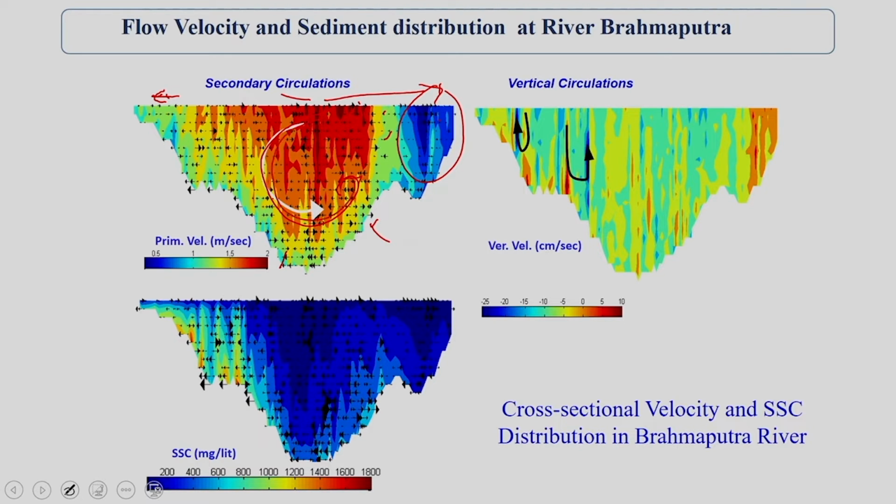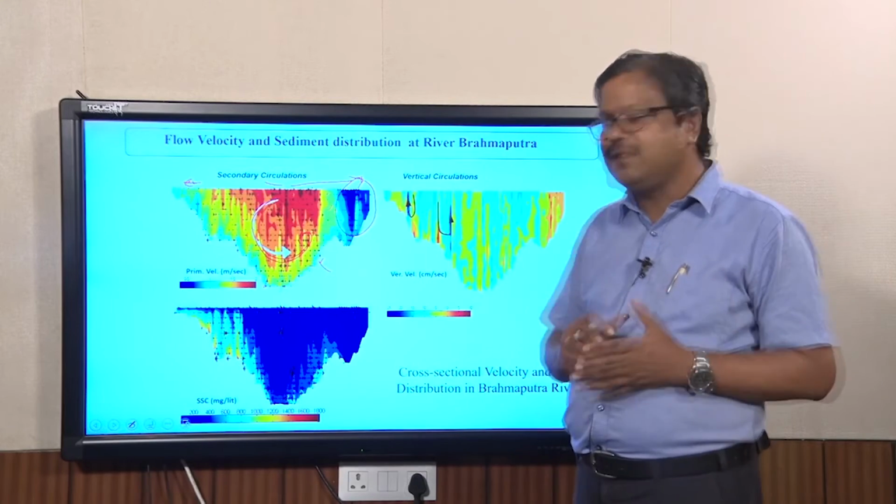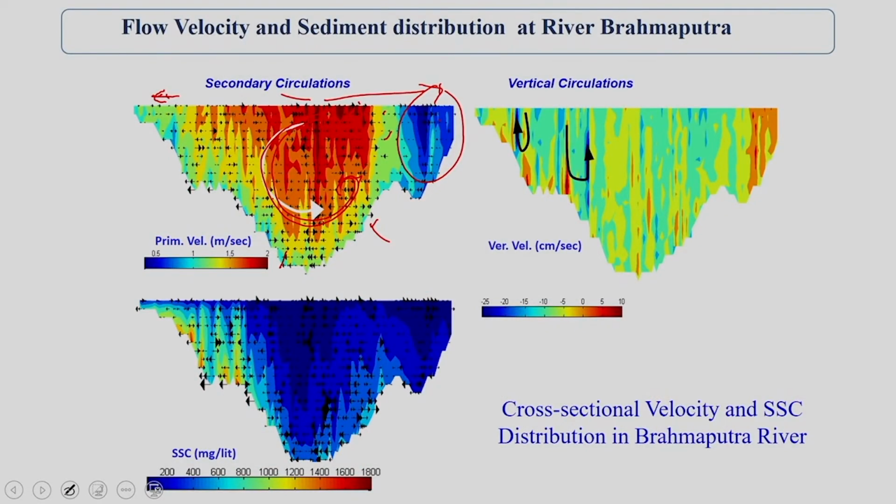So when you measure this velocity using the ADCP, you can see these velocity variations in the longitudinal direction in a cross section. Similarly, there are velocity variations perpendicular to that, and there is a formation of secondary currents, which are large vortex formations. If you look at the vertical direction, the velocity is much smaller.